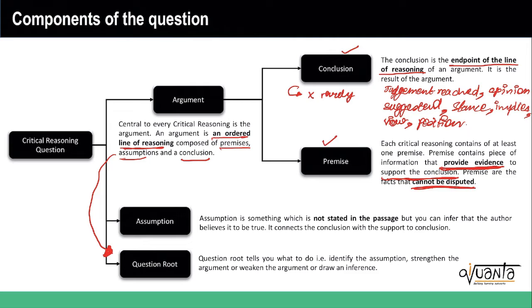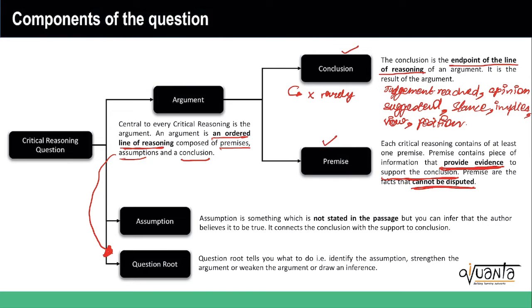So even if they are very easily disputed, so for example, the passage says that people in the 6th century believed that the sun went around the earth, and the conclusion is that earth was given the prime central importance in the 6th century literature, or in the 6th century communication, right?